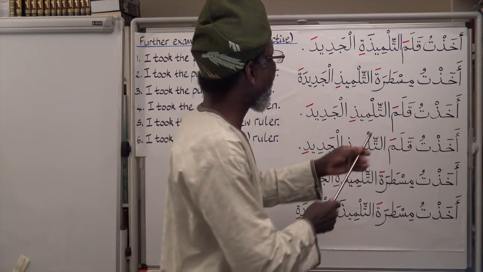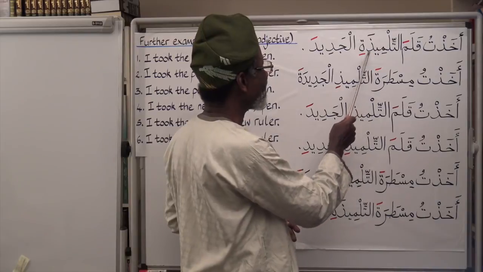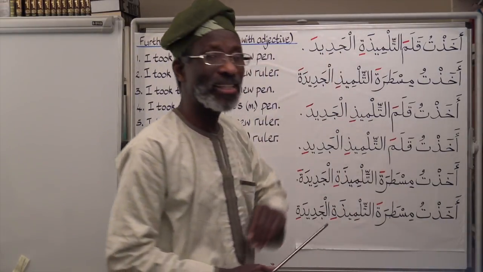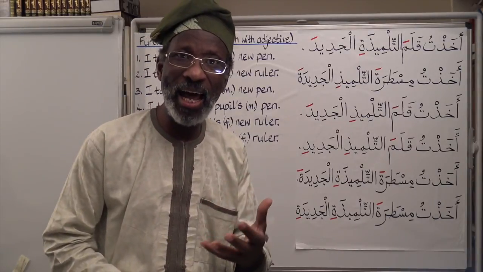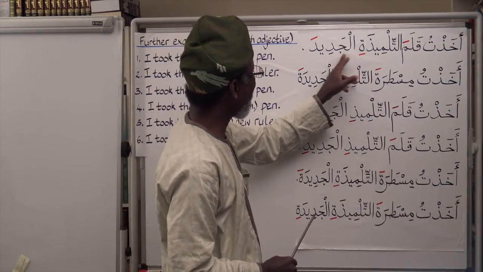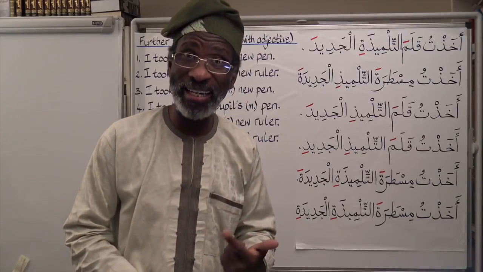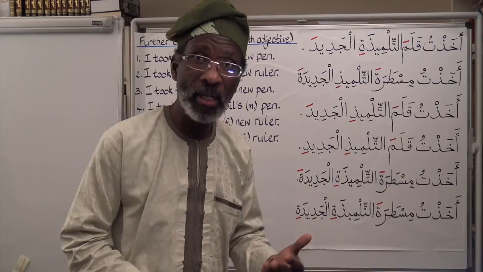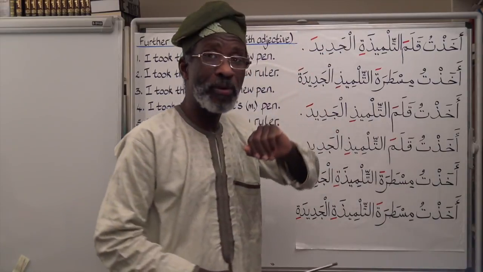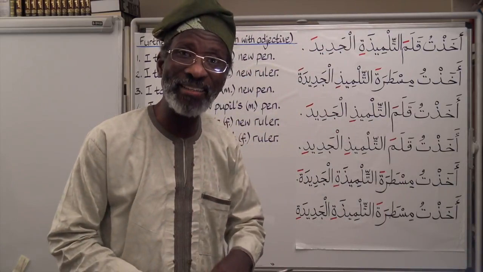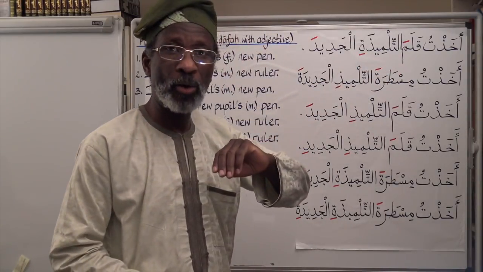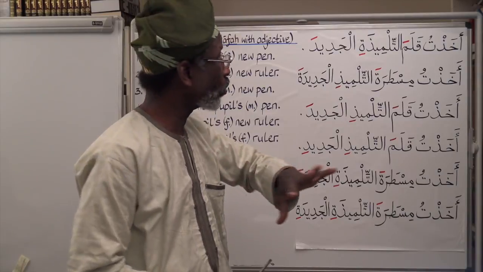Now, the first one, أخذت قلم التلميذة الجديدة. Al-Jadida here, that is your adjective. Analyze it for me. You will see Al-Jadid, that's a defined adjective, and it is masculine, and it is ending with fatha, which is accusative case ending. Now, let's look at these two nouns in this Idafah construct.